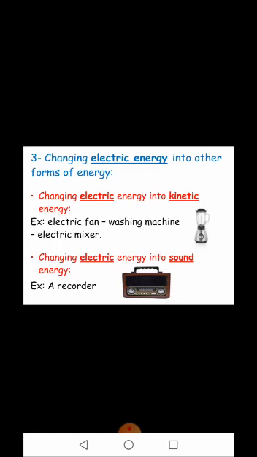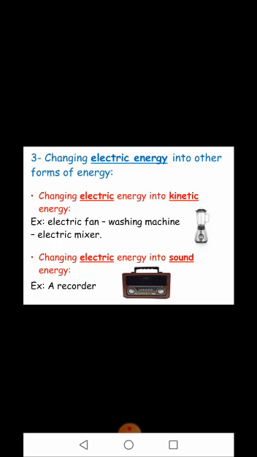Number three, changing electric energy into other forms. The electric energy can be changed into light energy, kinetic energy and sound energy. Number one, changing electric energy into kinetic, like electric fan, washing machine, electric mixer.